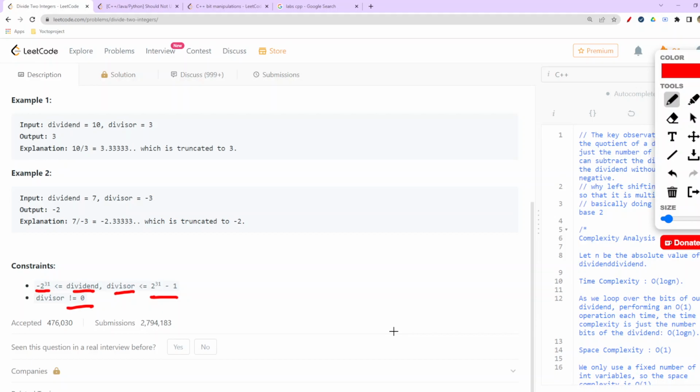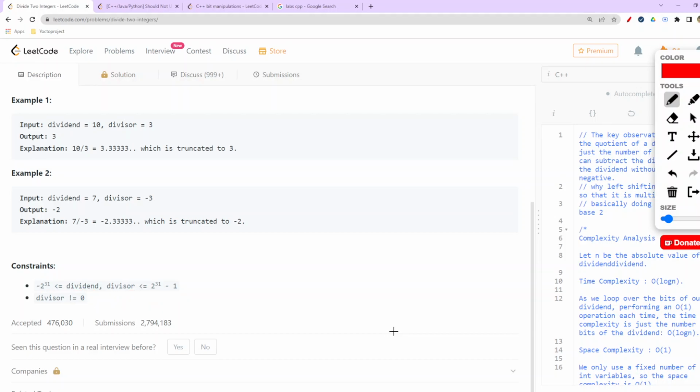They have explicitly mentioned that the divisor can't be 0, but the dividend could be 0. And yes, the divisor can't be 0 because division by 0 is not allowed, right?